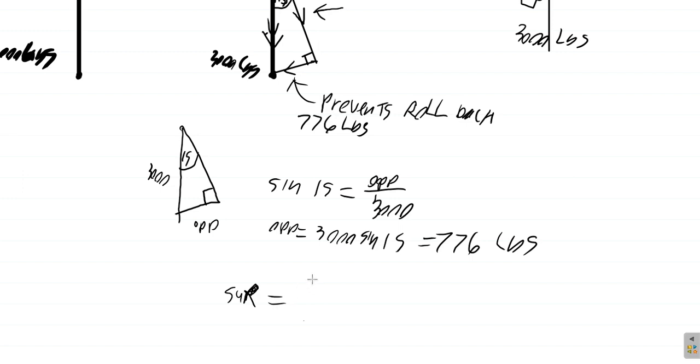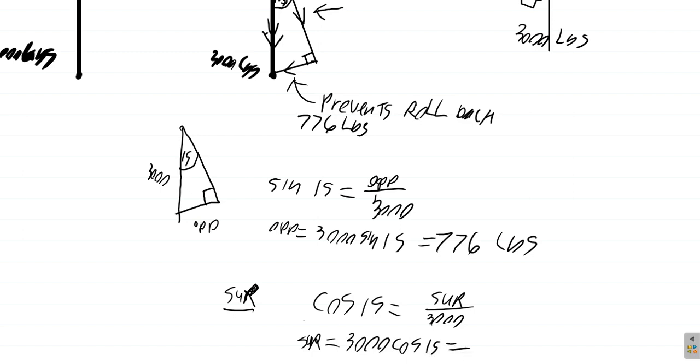How do you calculate that now? Sine or cos, use cos. Let me erase this. Equals sine. We just call it surface. Now, cos 15 is equal to adjacent surface over the hypotenuse 3,000. So the surface force will be 3,000 cos 15.